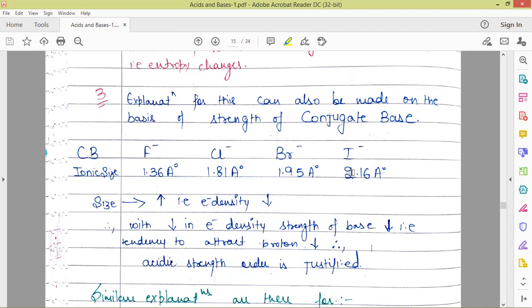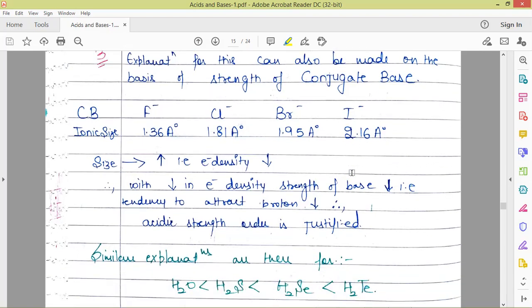If electron density is minimum, then its strength as a base is minimum, because the strength of anions as bases increases with electron density. That means the acid for which it is the conjugate base has the highest strength among all the acids.